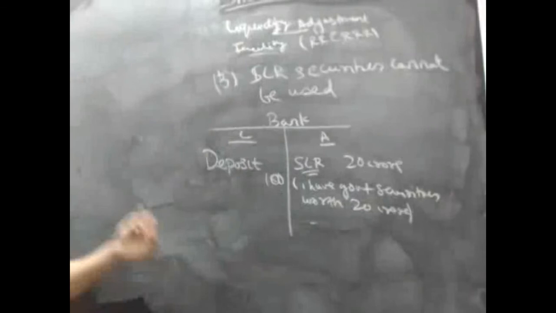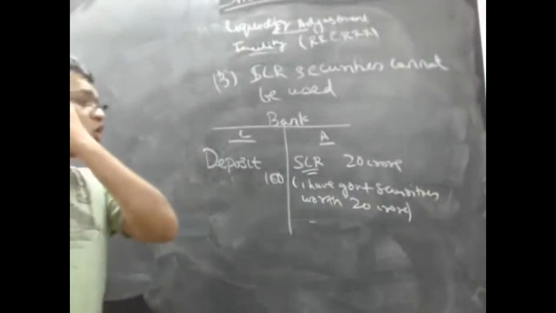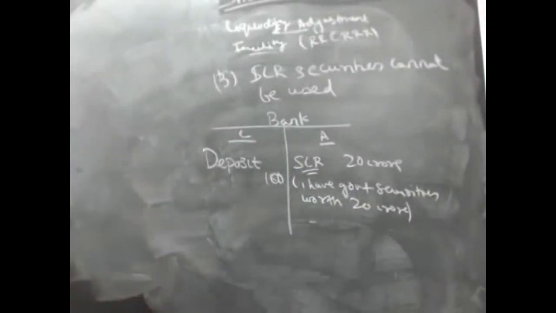Now tell me one thing, when I want to take a repo loan, what do I need to give to the RBI? In a repo agreement, you give land, building, or government securities. Do banks mortgage their branch, land, building? No, they give government securities, right? Because in a repurchase agreement, you give the security, you take the money, and you agree to buy it back.